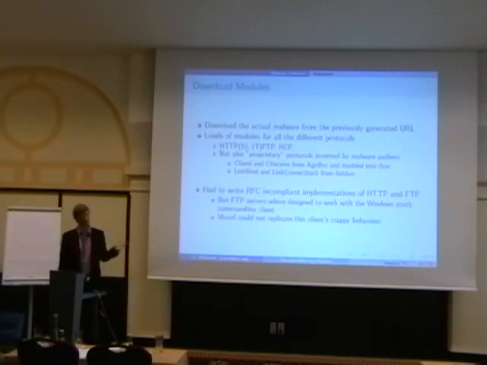And the bots actually were just developed using these command line tools from Windows, and so I guess the bot authors never read any RFCs. So we had to write some broken implementations that are as broken as the Windows implementation, so they would actually work with the malware. So we again had to re-implement these protocols, which was tedious work. Well, we had to do it.